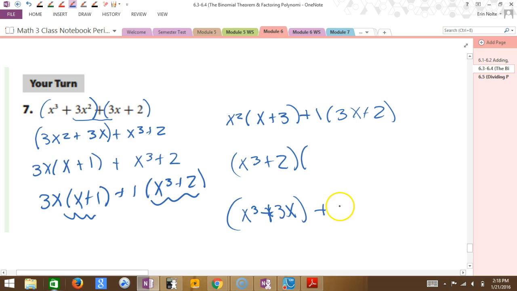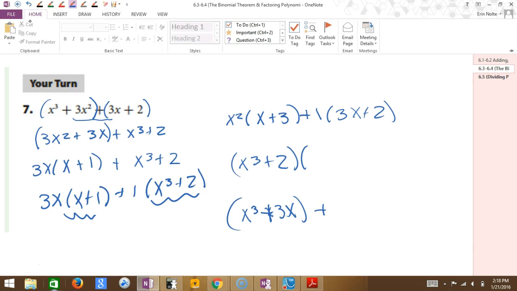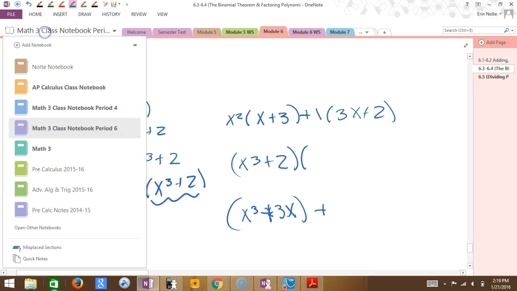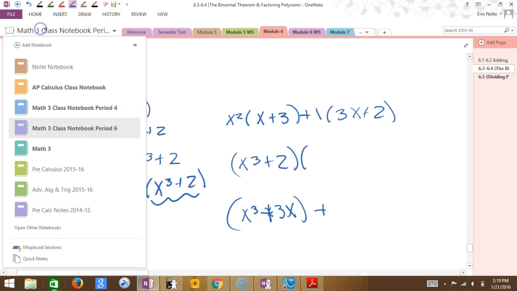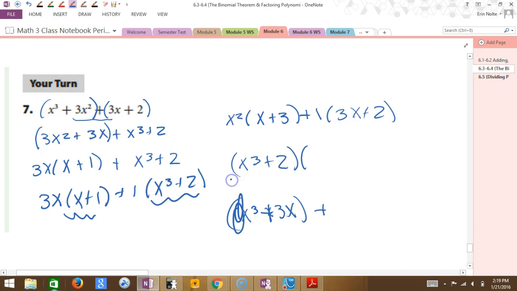X cubed. Dawson, do you see this one? We can start on this one after.